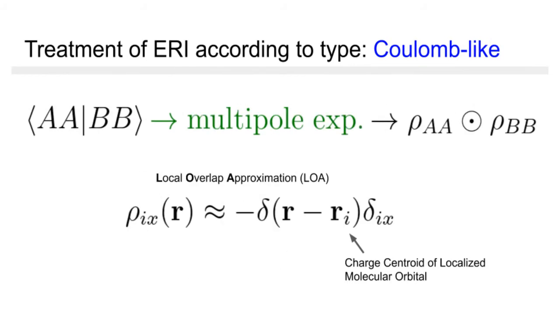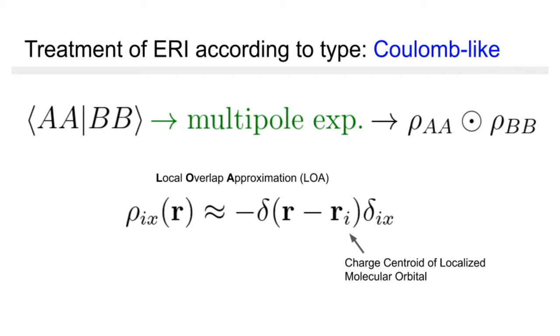The second type is the Coulomb-like electron repulsion integrals, which resemble to some extent semi-classical interactions between effective charge density distributions. Therefore, they are treated through the distributed multipole expansion, where relatively inexpensive tensor contractions between multipole moments are denoted here as the circle dot symbol.